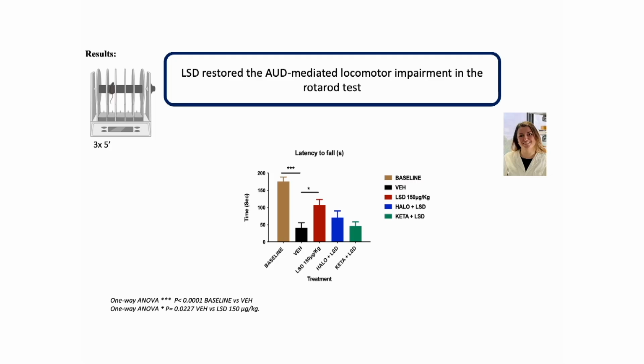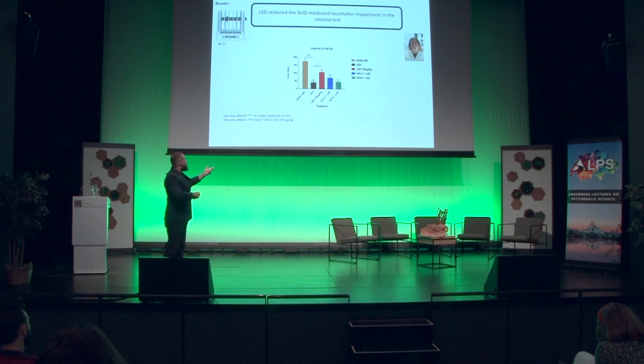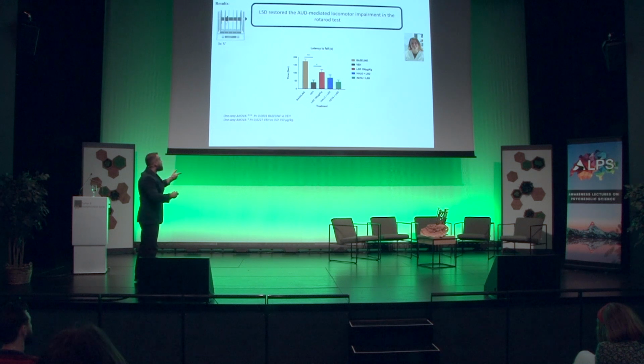But what we found is that when we measured another performance in the locomotor assessment, which is the rotarod test, so basically the rotarod is a machine which is rotating, and when we put the animals on it, of course we measure the latency to fall. The earlier the mice fall down, this is a sign basically of low performance, so they have some impairment.